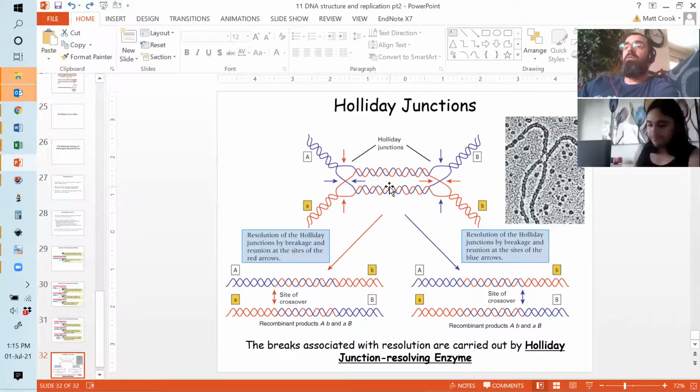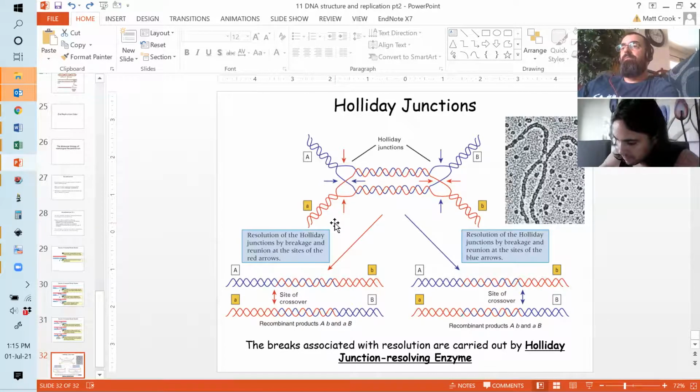And these are what help hold together the homologous chromosomes during meiosis, right? These pairing with the other chromosome. And so these Holliday junctions have to be cut, right?